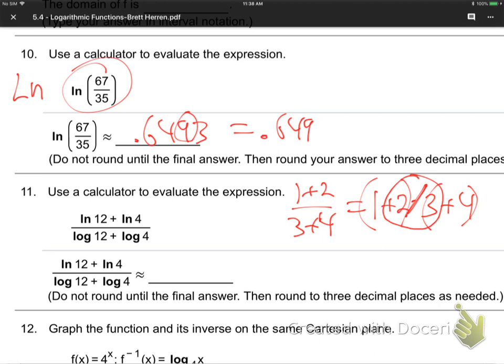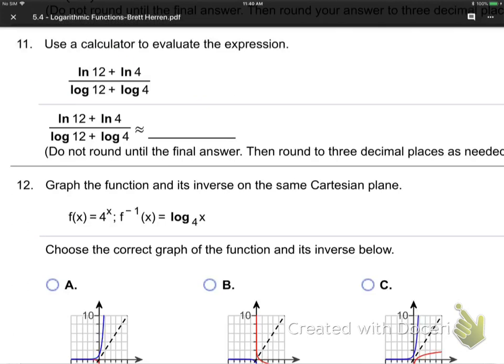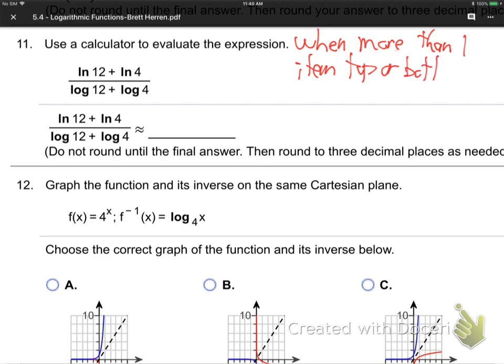So that's what we see. You have to put parentheses here and parentheses here. So whenever you have more than one, in fact, let me rewrite. It'll happen in the future stuff we're going to do week after next. When there's more than one item in the top or the bottom, you must put parentheses around it.